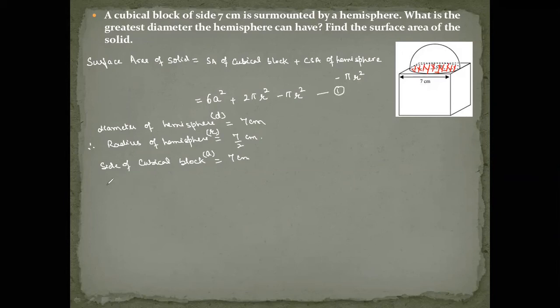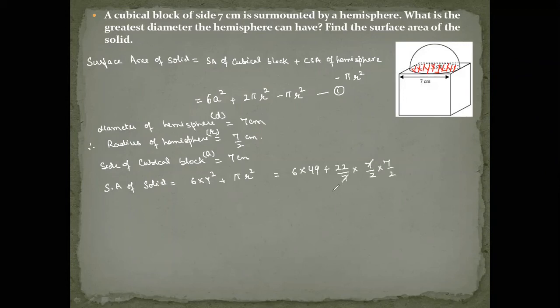So surface area of solid is 6 into 7 square plus 2 pi r square minus pi r square. So we can write directly here pi r square, and that is 49 into 6 plus 22 by 7, and r is here 7 by 2 into 7 by 2.